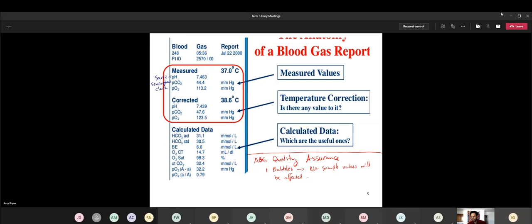So that means that your PaO2 will end up going higher than normal. And then Dalton's law would say that if the PaO2 is increasing, then the CO2 is going to start to decrease. So your PaCO2 will start to be lower than what it should be in that sample.